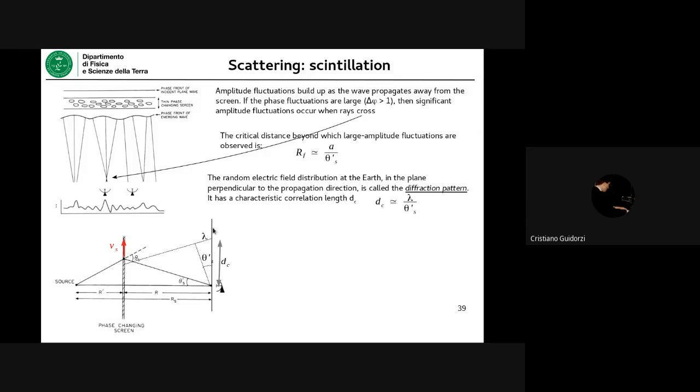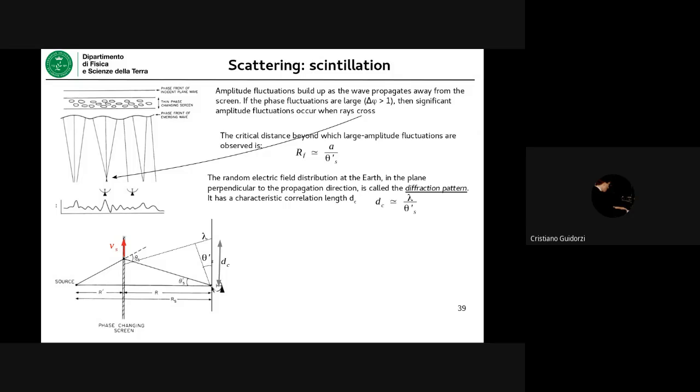Ideally, if you could move your detector along this plane, you would measure the diffraction pattern, so the intensity changing as a function of the position. We want to calculate the correlation length.